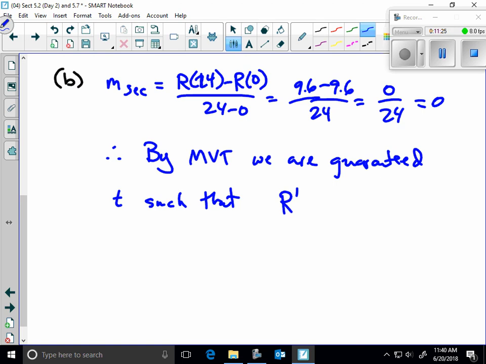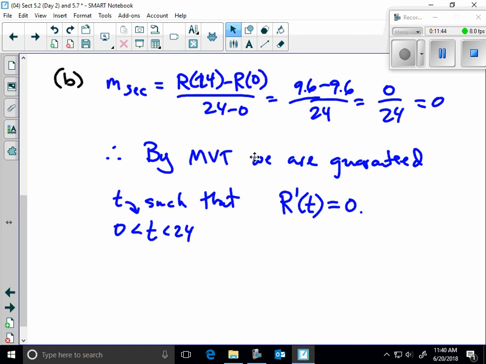R prime of t has to equal 0. And that t, of course, will be between 24 and 0. So some t between 24 and 0 such that r prime of t has to equal 0.